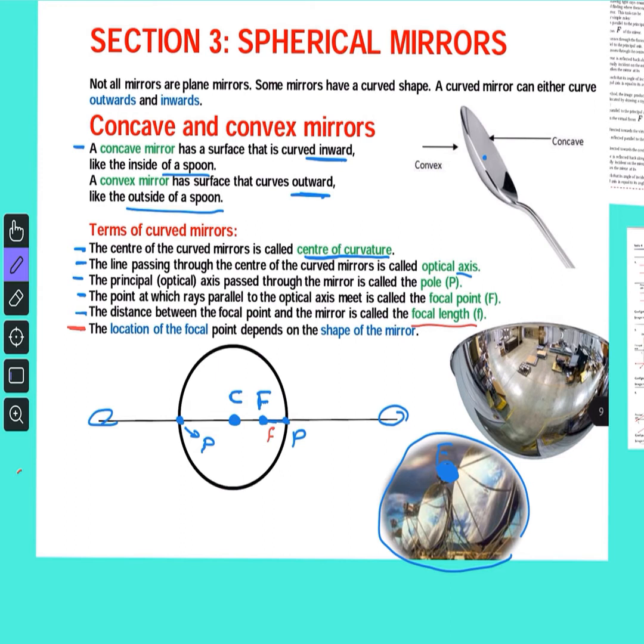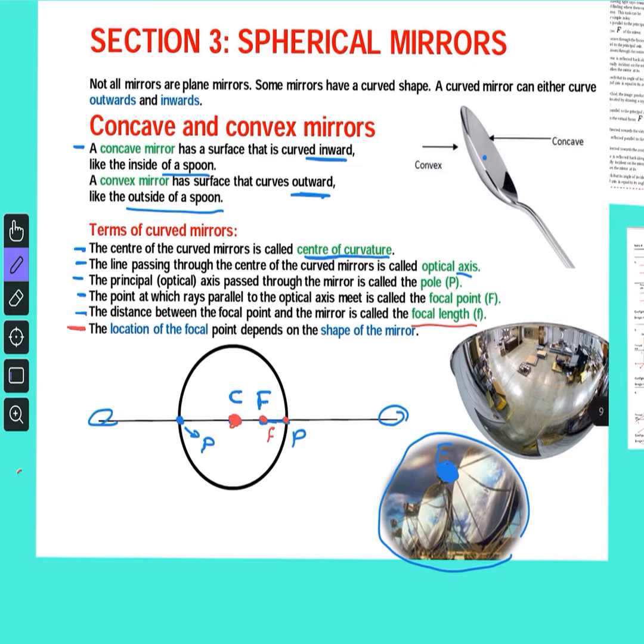I will repeat again. This parallel line, which passes through the center of the mirror, we call the optical axis. The center of this curve, when you complete this curve, we call the center of curvature, C. The distance from the pole to the focal point we call the focal length.